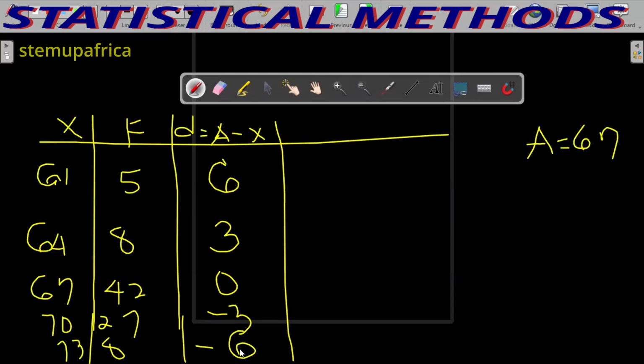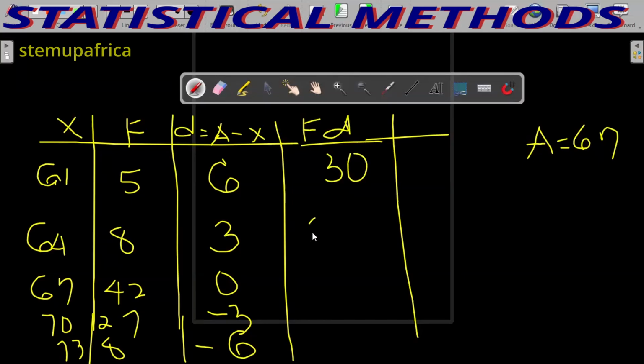Okay. Then the next one, you need to get FD. Let me not put summation yet. The next column is FD, meaning your frequency multiplied by the deviation. If the first frequency there is 5, what's the deviation? 6. So 5 times 6 will give me 30. The next one is 8 and 3.